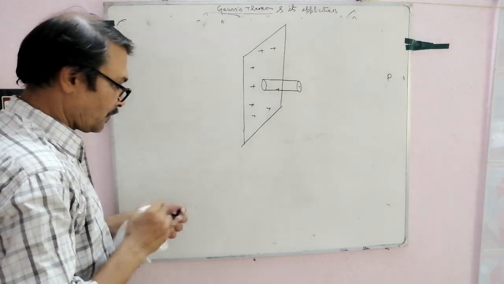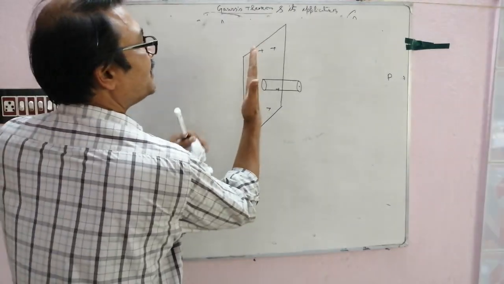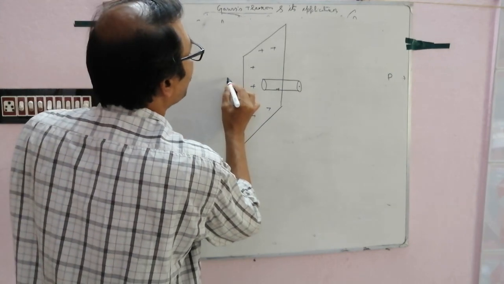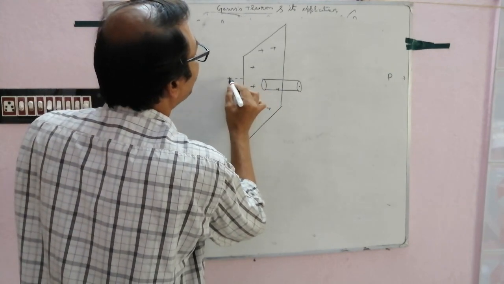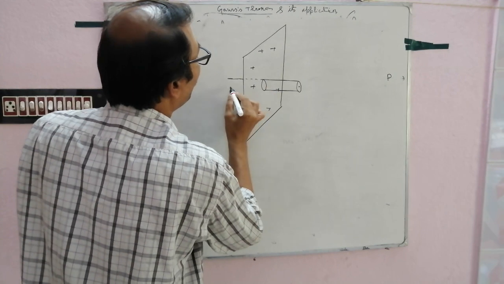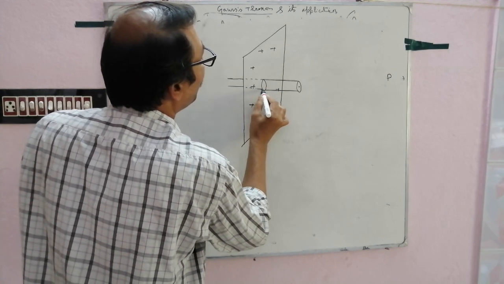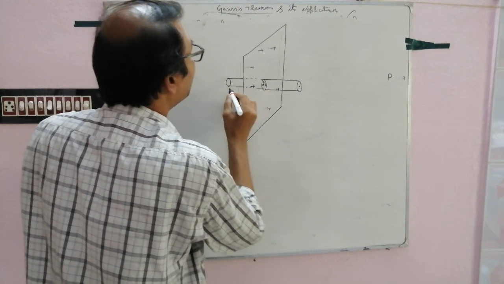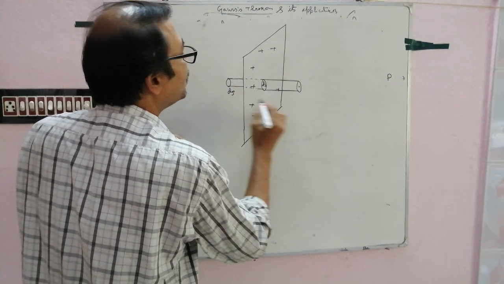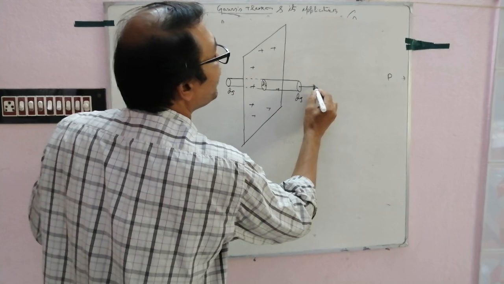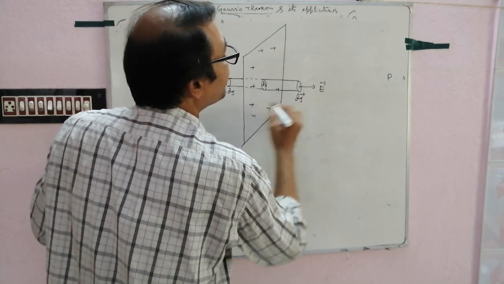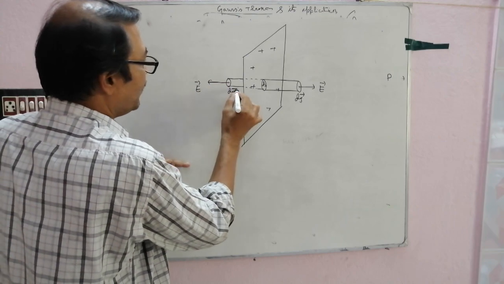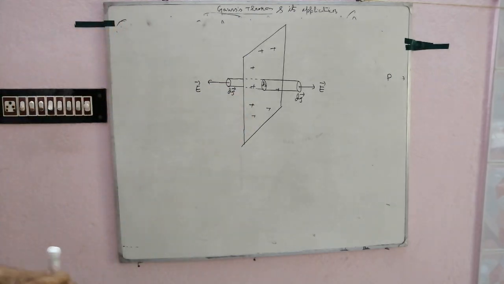Similarly, this is the thin sheet. On this side, this figure, and on this side the same. We may draw it just like this. Follow. This area ds, this area also ds. The field is in this direction, ds is in this direction.